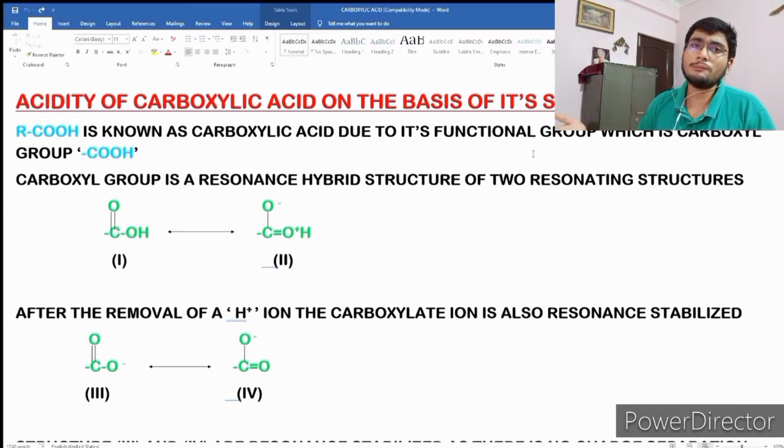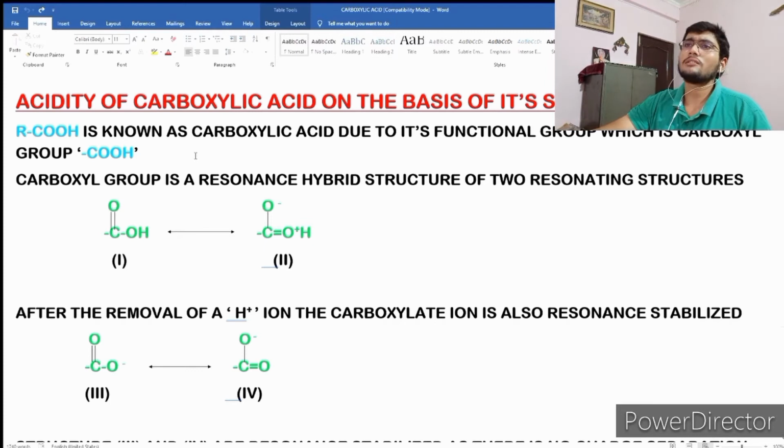When we remove H plus, we are left with an anion. That anion is known as the conjugate base. So keep my words clear: if the conjugate base of an acid is stable, that means that acid is a strong acid. So this point should be kept in mind.